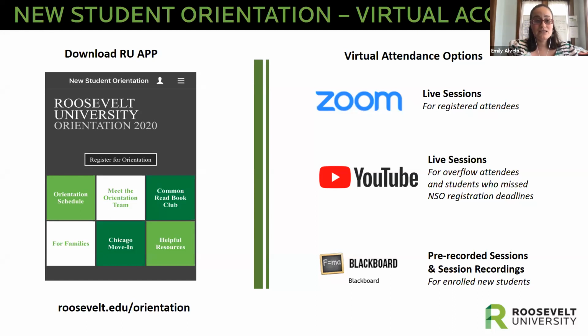To make sure it's not difficult for them to participate, we will also have an overflow attendance opportunity broadcast via YouTube. So if people miss the orientation deadlines, or if parents want to still participate with the live sessions, which are fully accessible and open, they can also watch the YouTube channel.